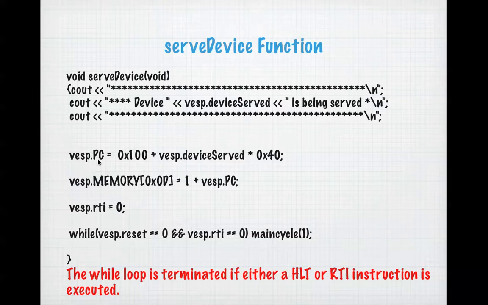And as you can see, we do have this so-called RTI flag, which is initialized to 0, and we're going to keep executing this main cycle, which will continue to execute as long as there's no halt instruction and no return from interrupt instruction, which upon execution would set VESP RTI to 1, and that will be sufficient to break this cycle.